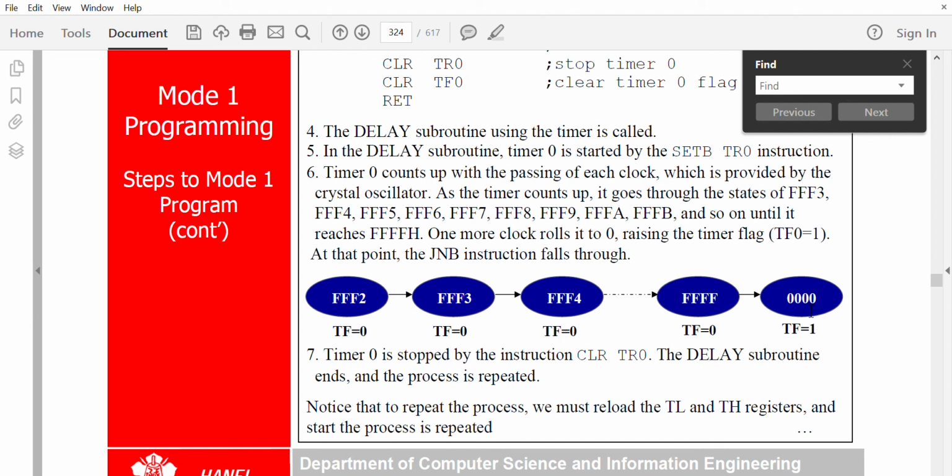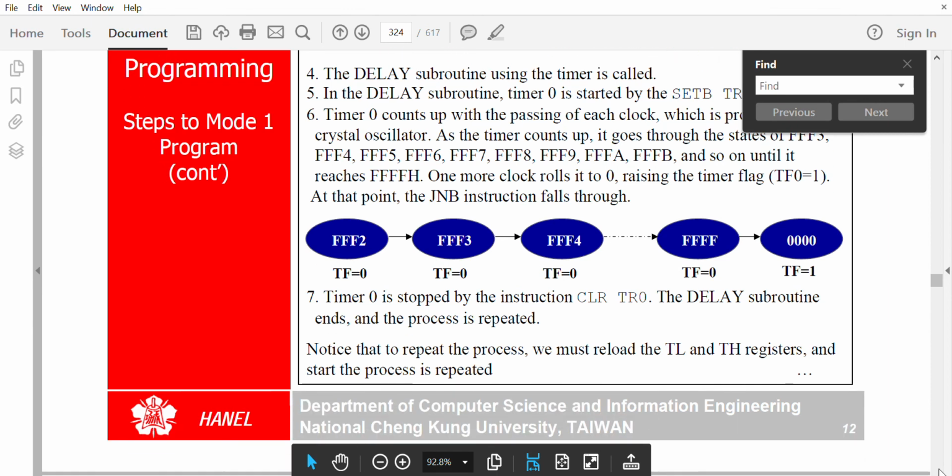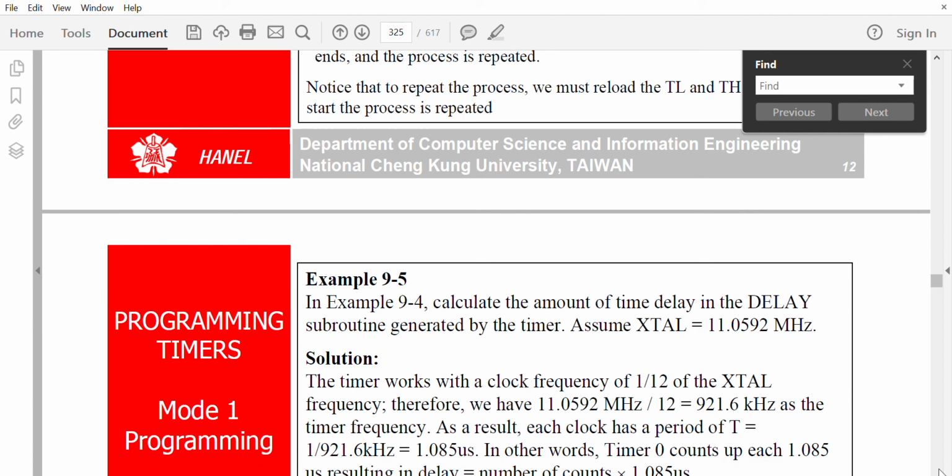After this, clear TR0 because TF is equal to 1. So TR0 is cleared, TF0 is cleared, and repeat the process. So this is mode 1 programming, how to create a delay.